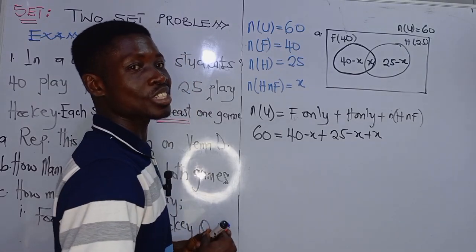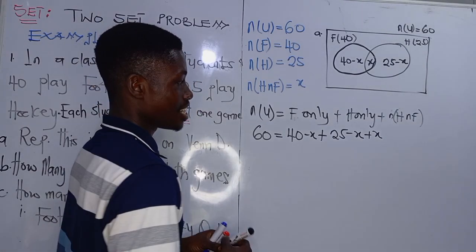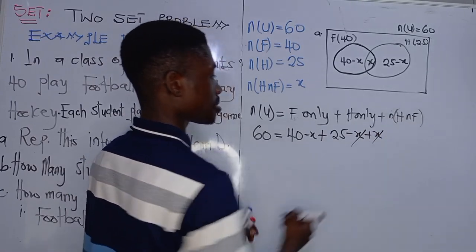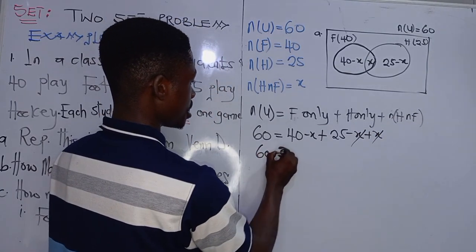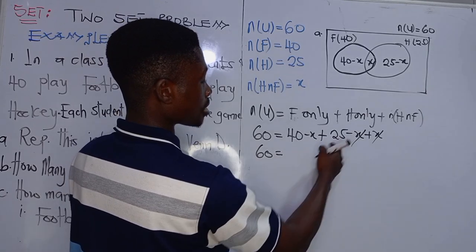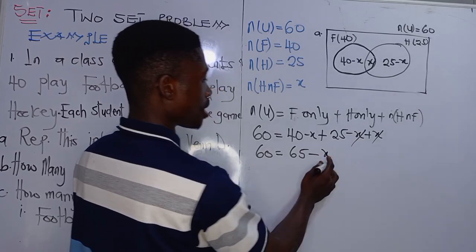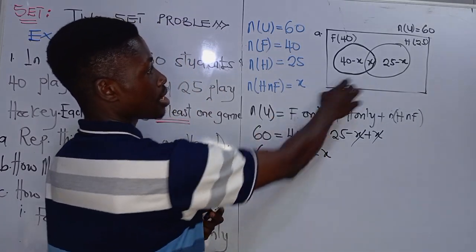Now the rest is algebra, addition and then subtraction. You realize that we have minus X plus X, so this will cancel that. So we are left with 60 is equal to 40 plus 25, which will give us 65 minus X. We are looking for X, which is the intersection.